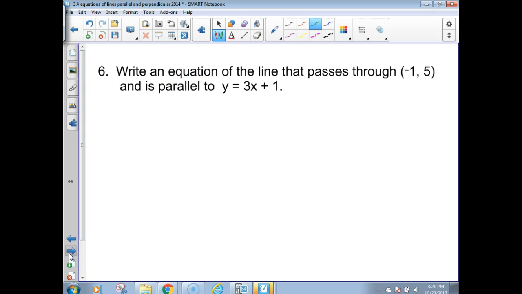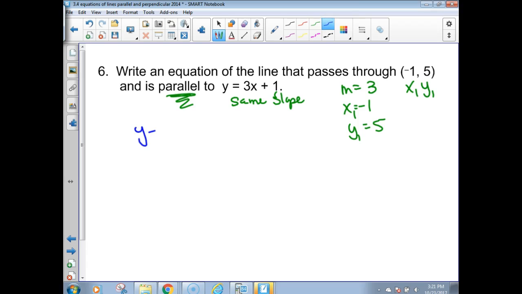All right, so 6 says write an equation of a line that passes through a point negative 1, 5, that's x1, y1, and is parallel, so it's going to have the same slope. So the m is going to be 3. x1 is negative 1, and y1 is 5.